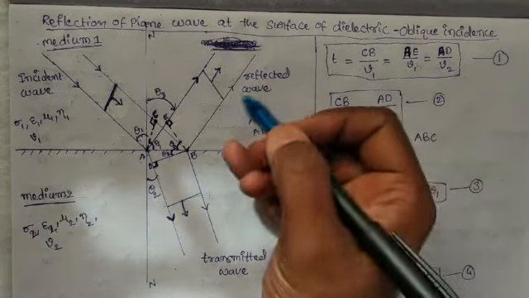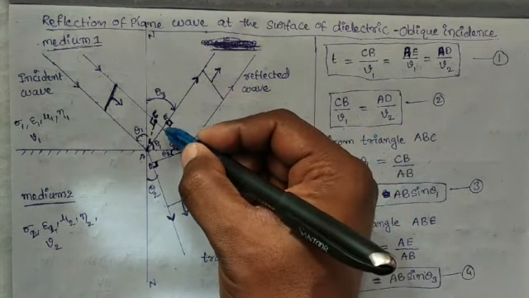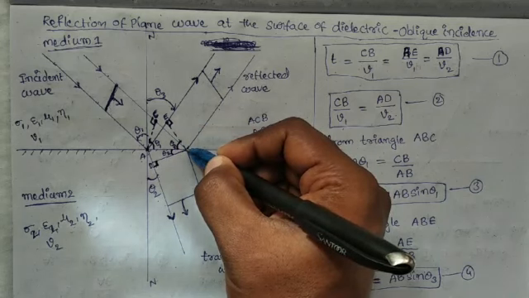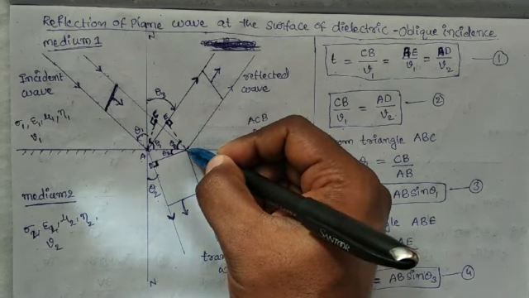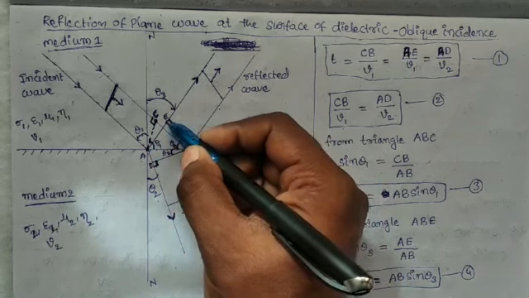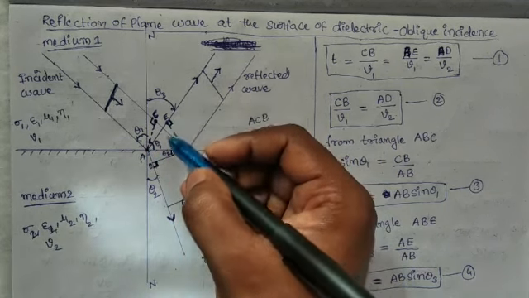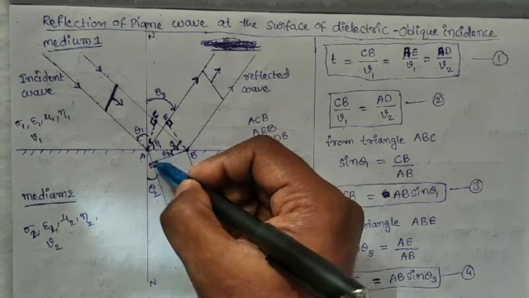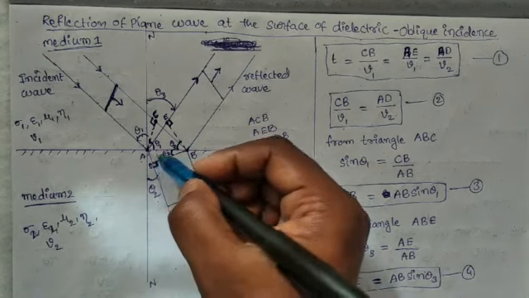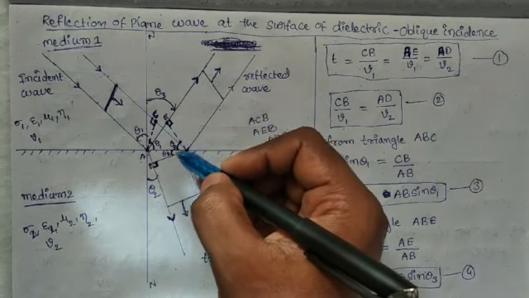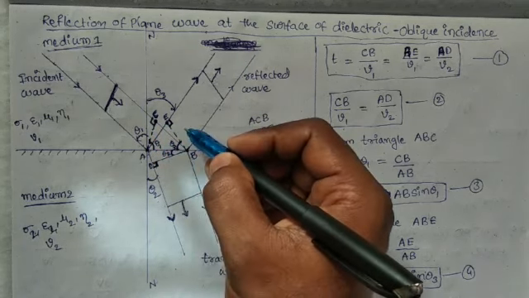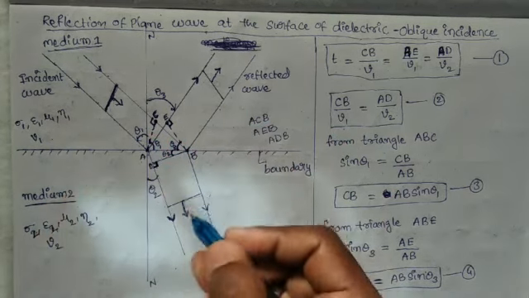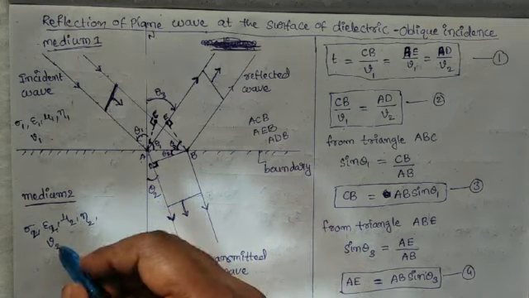By the time the incident wave travels a distance of CB, the reflected wave travels a distance of AE and the transmitted wave travels a distance of AD. The incident and reflected waves travel with a velocity of v1, and the transmitted wave travels with a velocity of v2.